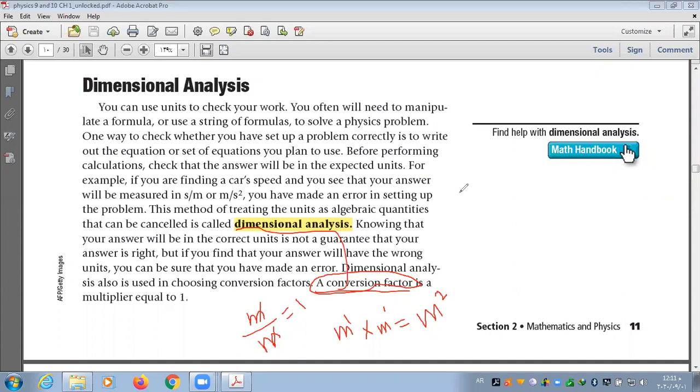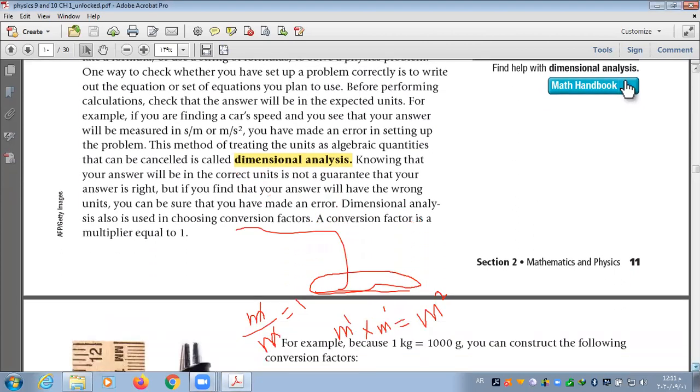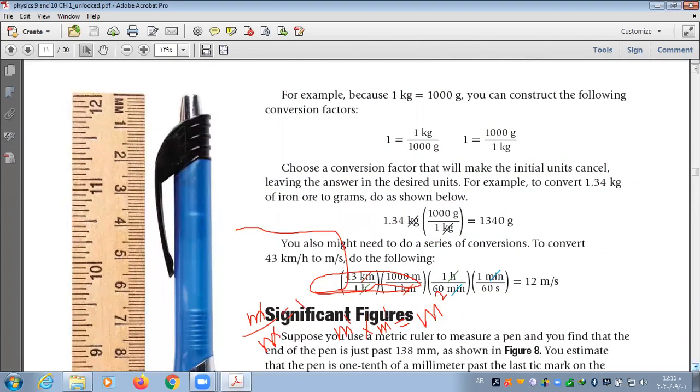Yes, Aziz, can you remind us of the conversion factor? It's a multiplier equal to 1. Okay, can you give us an example? Like when you change one unit of numbers to another. Excellent, Aziz. Excellent.